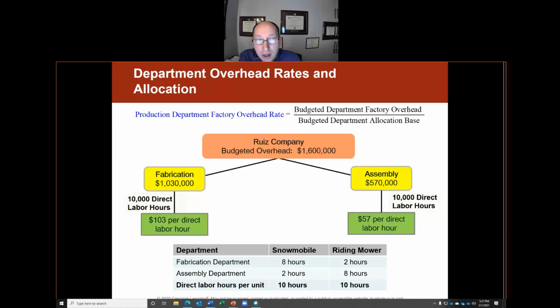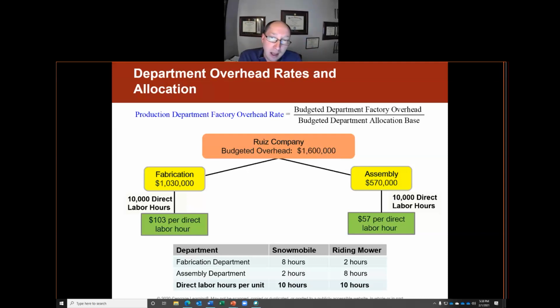It's not the same formula, but it's very similar to the single plant-wide method. For the production department factory method, we take the total factory budget overhead divided by the department allocation. So, what do you mean, Dr. B? How does that look?